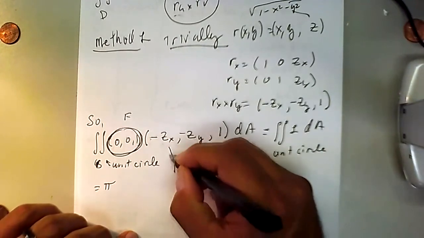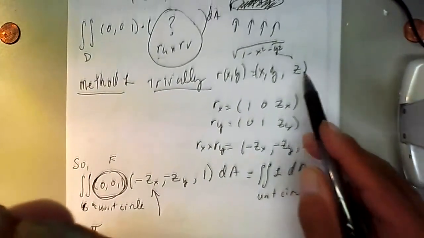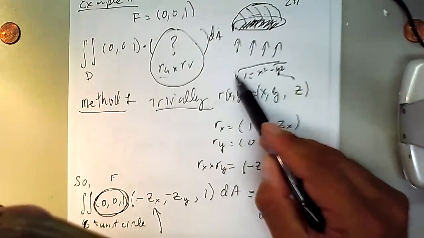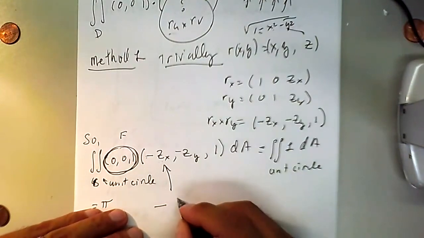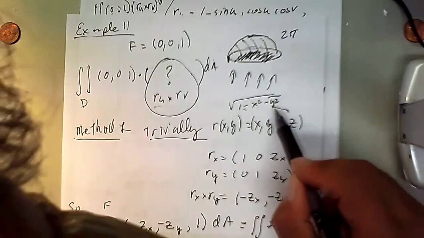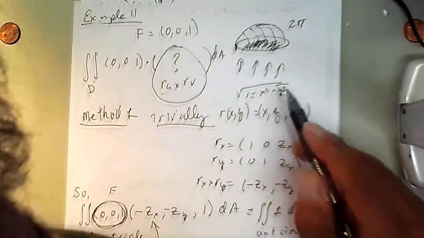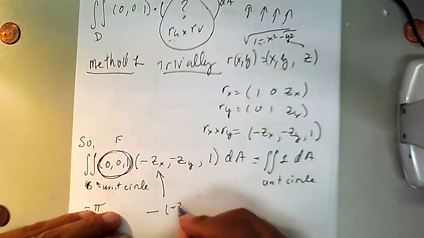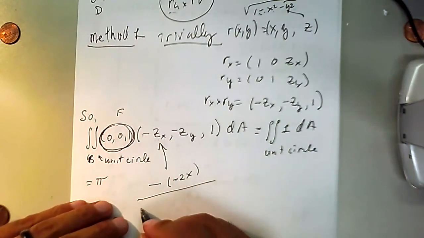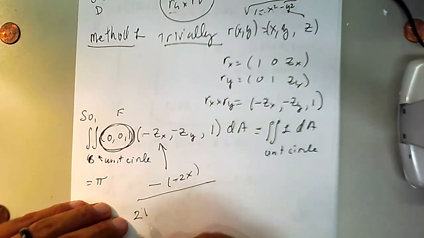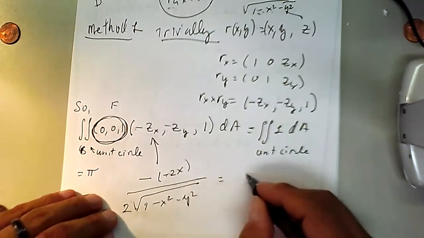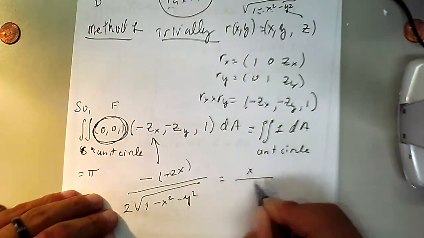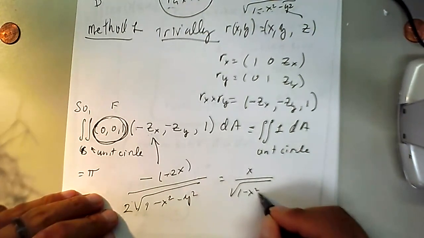Just bear in mind that, since z is equal to the square root of 1 minus x squared minus y squared, this would be negative, let's see, there is a negative 2x, so negative of negative 2x over 2 times the square root of 1 minus x squared minus y squared. So the 2 simplifies, and we end up with x over the square root of 1 minus x squared minus y squared.